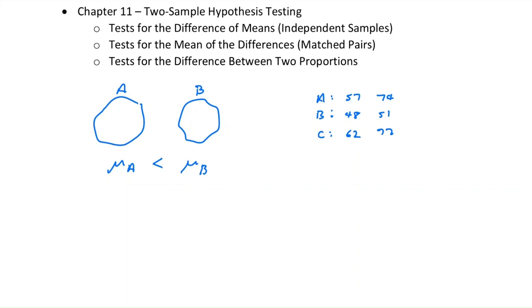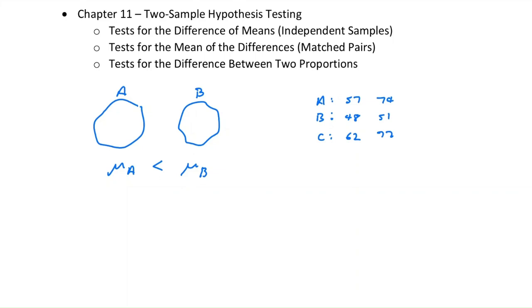In the second case, where we're finding the mean of the differences, what I would do is I would find the difference of each of those student scores. So student A, for example, would have a difference of 17, B would have a difference of 3, and C would have a difference of 10.